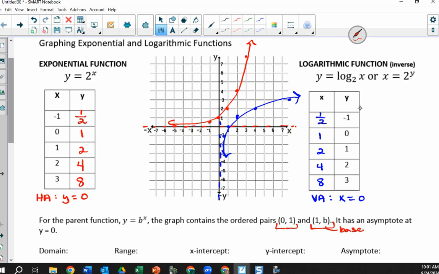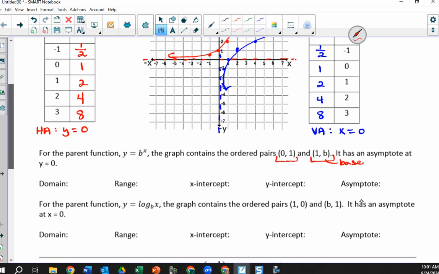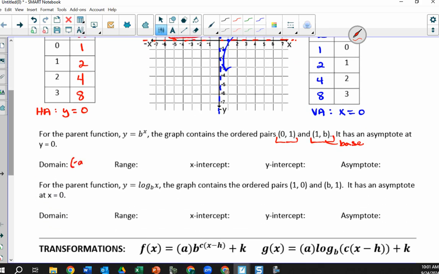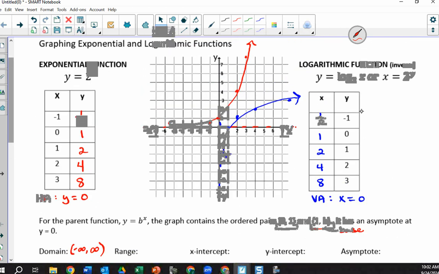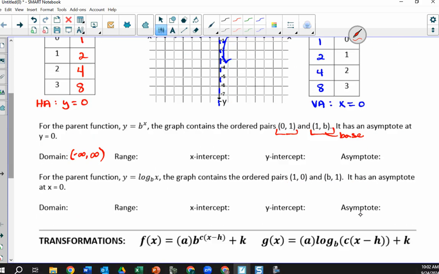So domain is negative infinity to infinity when you're dealing with exponentials. What would you say about the range of that red graph? Yeah, 0 to infinity. And guys, the 0 is not included. It approaches that asymptote, but it does not get there. So 0 to infinity.